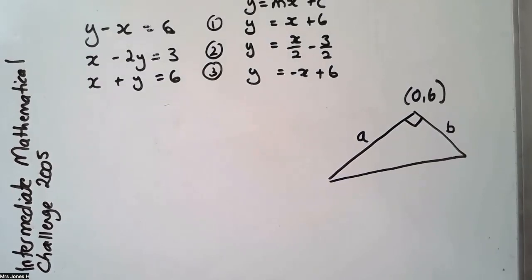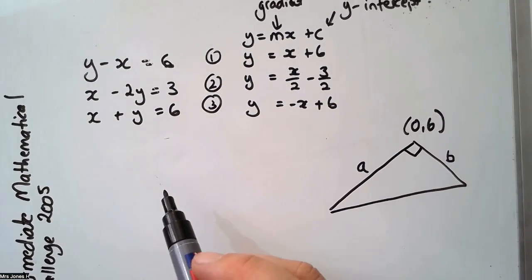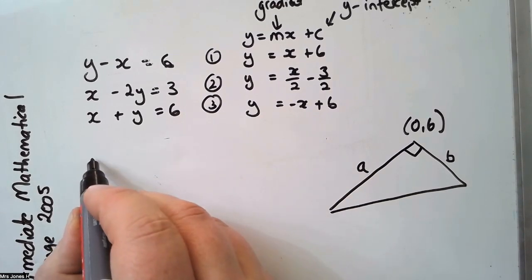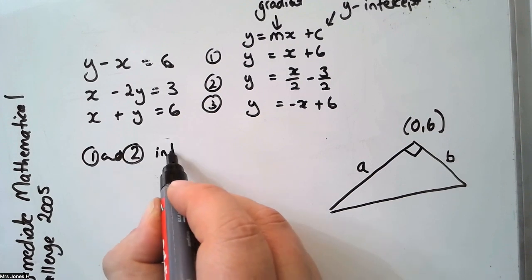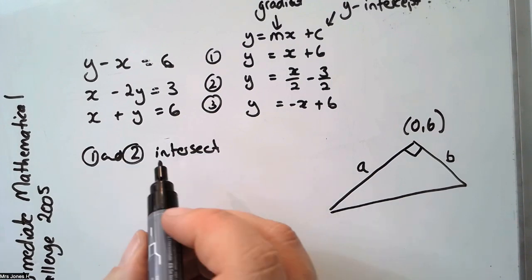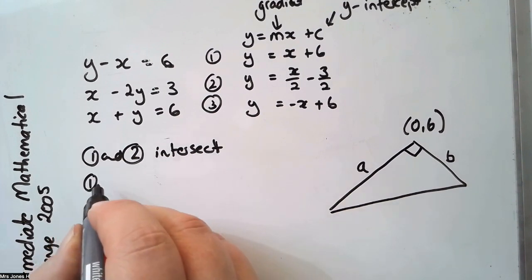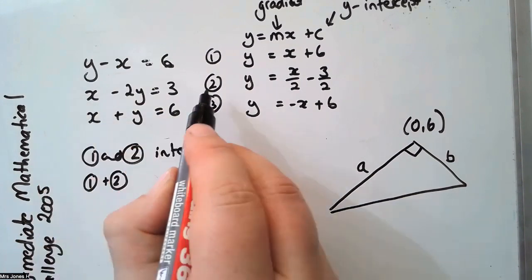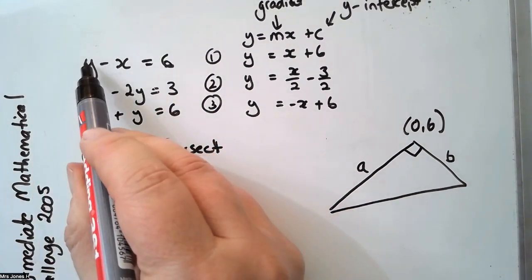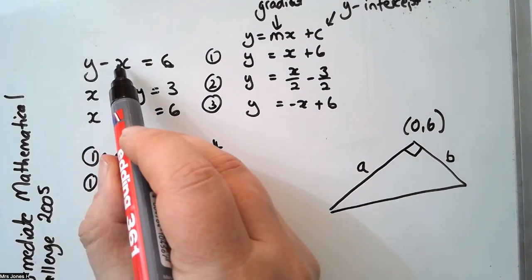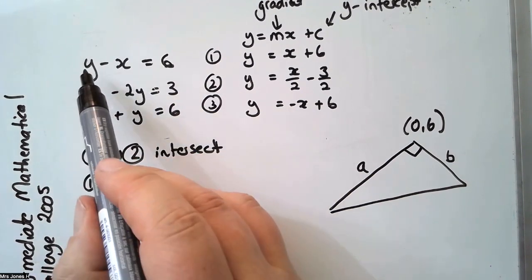What we are doing is solving some simultaneous equations. We need to find out where 1 and 2 intersect. What we're going to do is add 1 plus 2. These are arranged beautifully so that they do look like simultaneous equations. So we're adding the x's, x subtract x cancels out, makes 0.